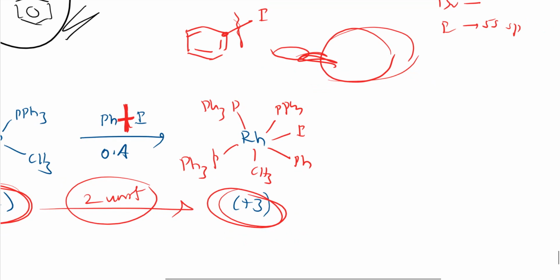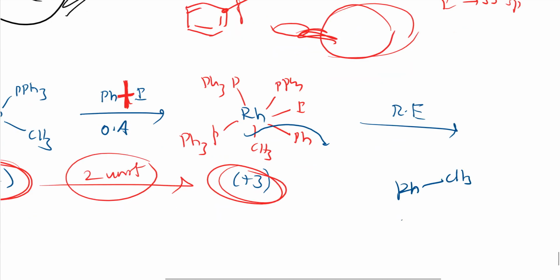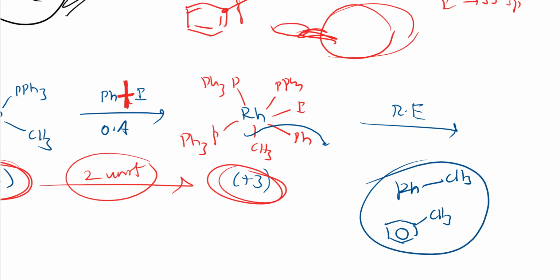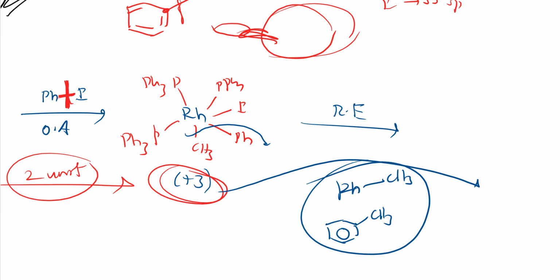Next step is simple reductive elimination. So reductive elimination means this will leave like this. So a Ph-CH3 bond will form, PhCH3. If I want to write it in expanded form, it will be like this one, right. Both are the same only. So I will get toluene, and other things. Reductive elimination means from plus 3 it will come to plus 1.